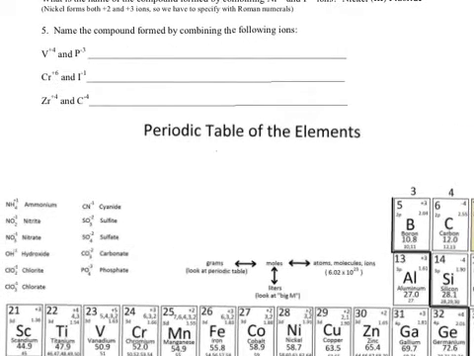So for this one, I would call it vanadium, and in this case I had to say Roman numeral 4, which is IV. If you don't know your Roman numerals, look on the back of your periodic table. I've listed the Roman numerals 1 through 6 back there. And now phosphorus is going to change its name to phosphide.